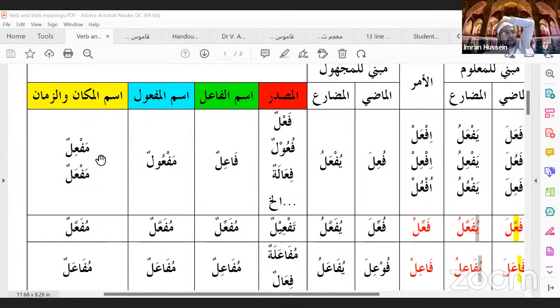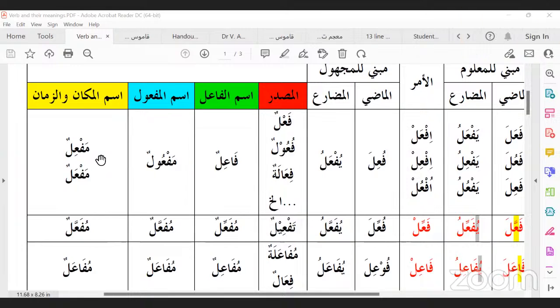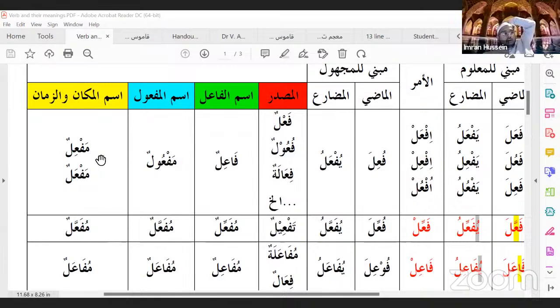For example, the other one, which is a popular one, wa'ada. The word wa'ada, waw ein dal, means he promised. And in the Arabic language, an appointment is called maw'idun.